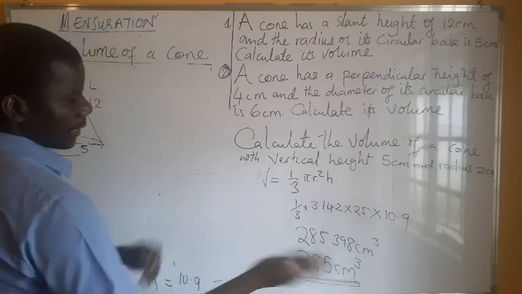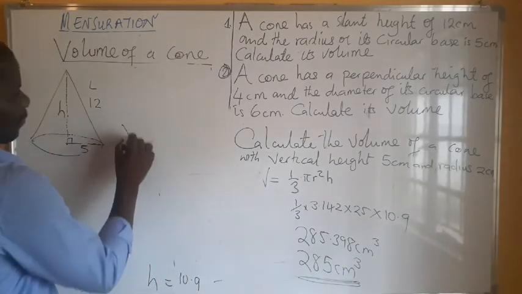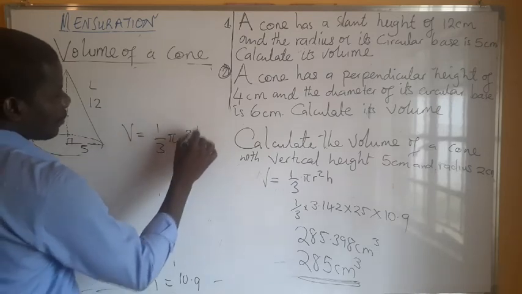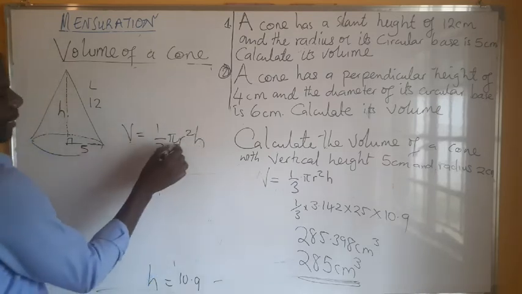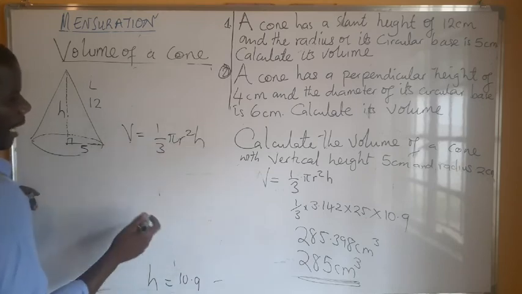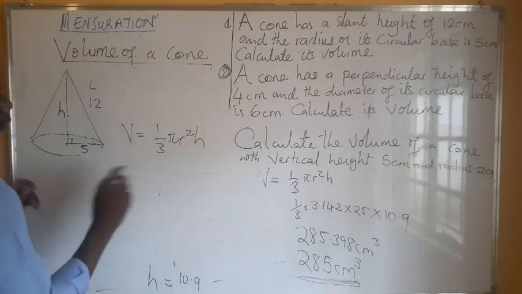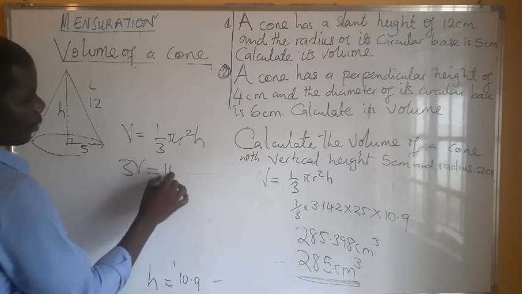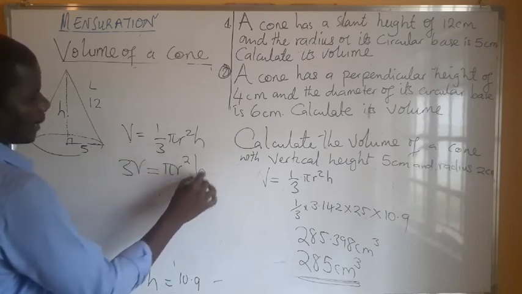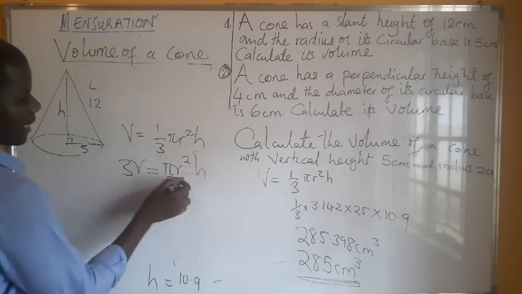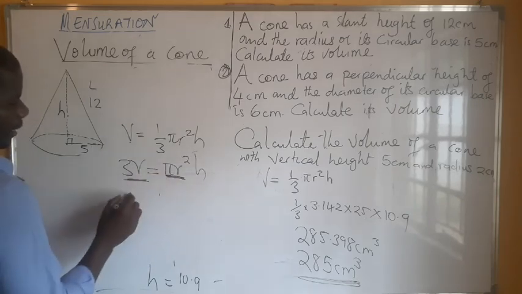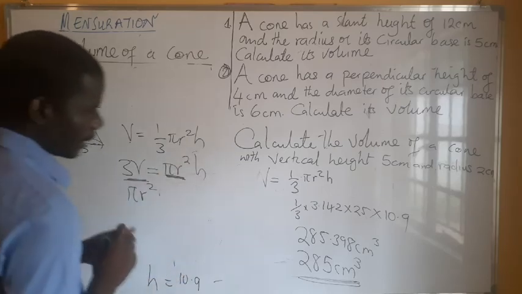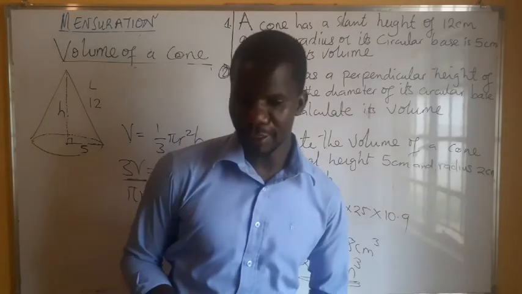Where volume is given, radius is given, and h is what you don't have, I think it's very easy to work out, because you're going to have 3v is equal to pi r squared h. Then to find h, you just divide, you bring pi r squared to this side. This is going to give you height. So it depends on how the question is going to be phrased in the exam.